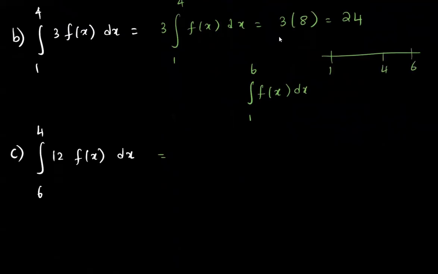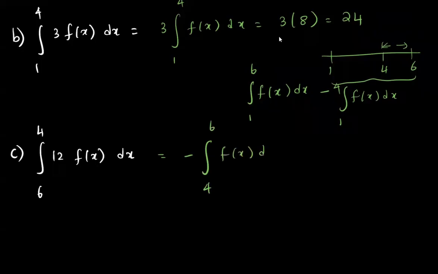You're asked to find this. So how do you find that? You take 1 to 6 and subtract from that 1 to 4, and that gives you 4 to 6. But we don't want 4 to 6, we want 6 to 4. So this is the negative of the integral from 4 to 6 of f of x dx.